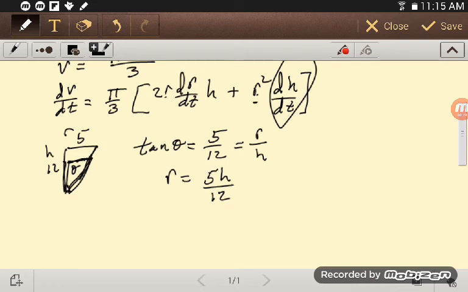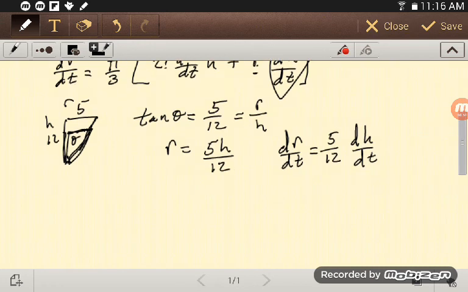So then I can tell you that dr/dt is equal to 5/12 dh/dt. Oh, nice. I don't actually find dr/dt, but I find it in terms of dh/dt, which is what I want to solve for anyway.